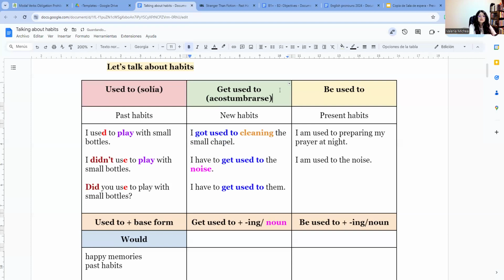So new habits, all right? Things that are not related to the past, right? So of course I can say something in the past, yeah. So me acostumbré, it's very possible. But also for new habits that you are trying, you have just acquired or you want to acquire. I have to get used to, tengo que acostumbrarme.